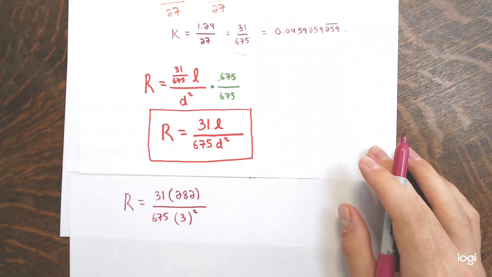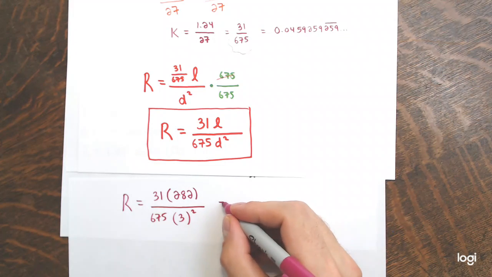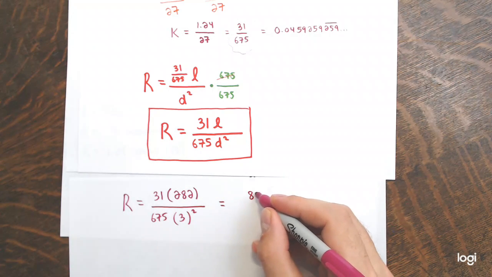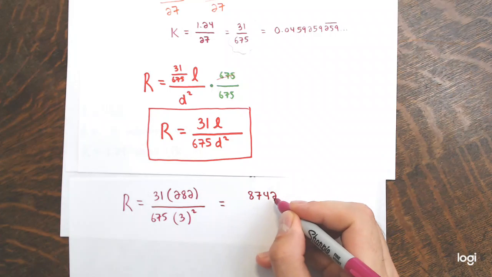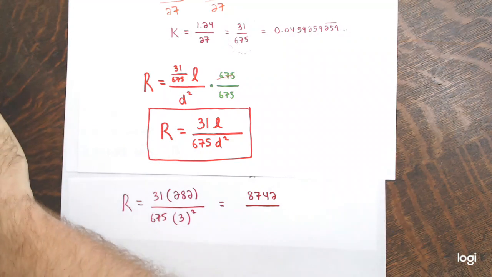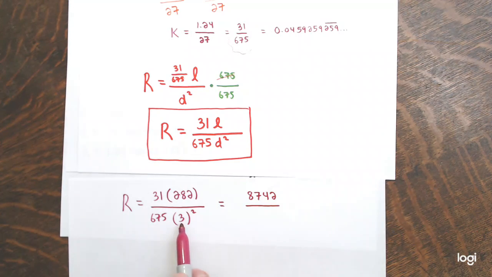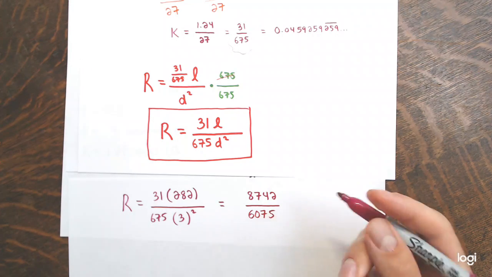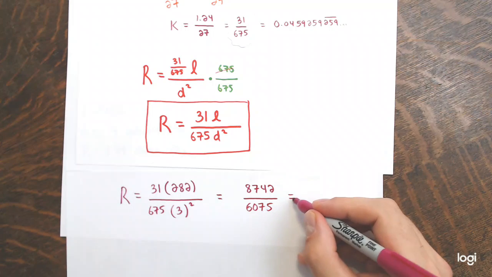The numerator, 31 times 282, I'm going to punch in real quick, is 8,742. The denominator: you do 3 squared first as 9, and then 675 times 9 is 6,075.